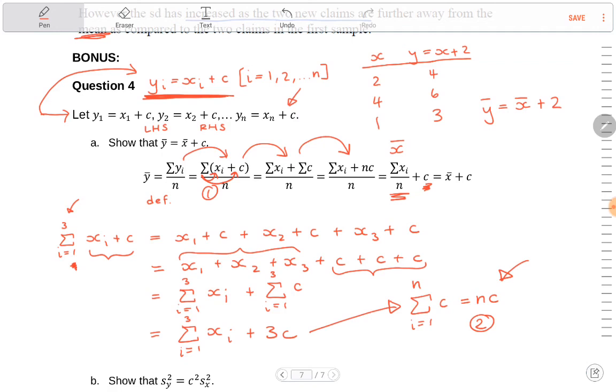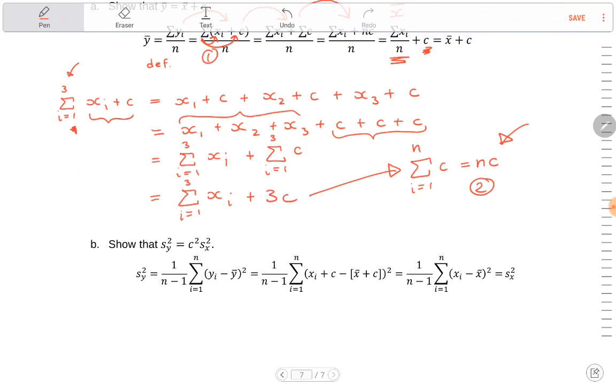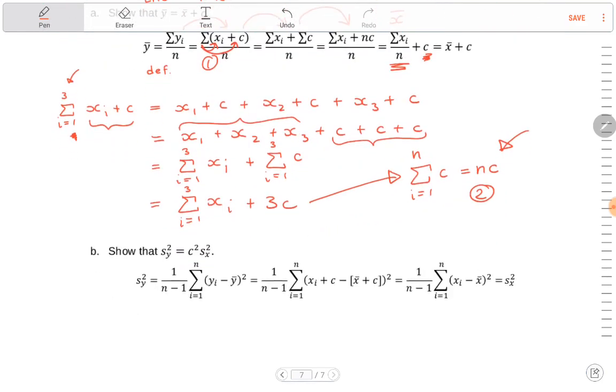Okay. And then for part B, now a little bit more complicated, but still not too difficult once you have the result from A. Same thing, show left hand is equal to right. So you start off with left hand and you must write the definition. So this is your definition from page 33 in the textbook.